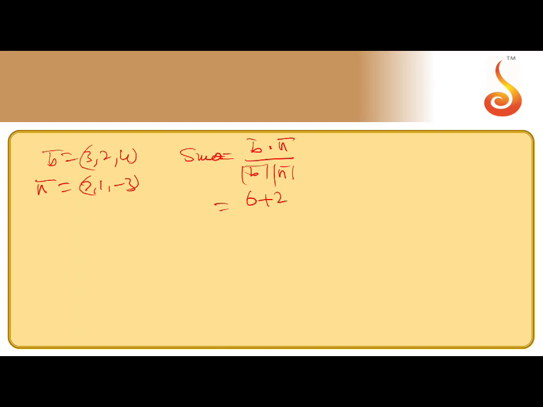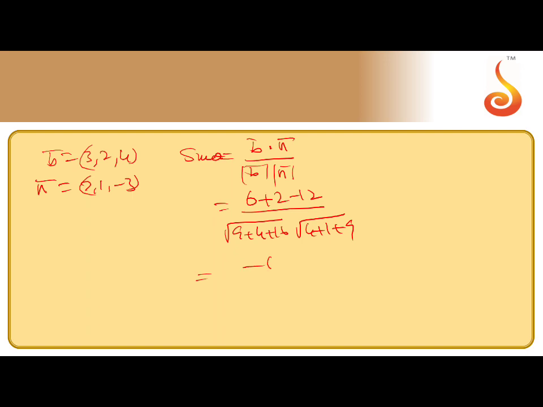So b bar is 3, 2, 4, and n bar is 2, 1, minus 3. Now sin theta is b dot n by modulus b into modulus n. So b dot n means 6 plus 2 minus 12, divided by root over 9 plus 4 plus 16 into root over 4 plus 1 plus 9.